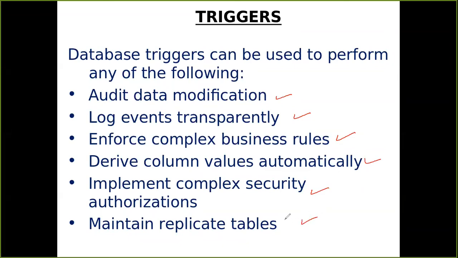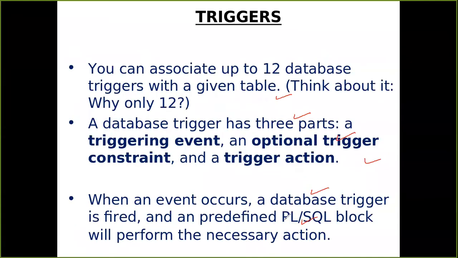So there are a number of tasks where you can use triggers. You can apply some security rules using triggers. The number of options depends upon your imagination or your requirement, that is, how you want to use the triggers.